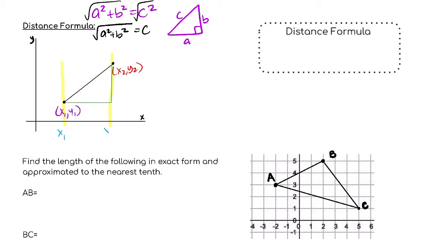This one's at x1, this is at x2. In order to find the distance between them, we would subtract them. So x2 minus x1 is the way to represent the length of this bottom segment, which when we were doing the Pythagorean theorem was represented by the letter A.